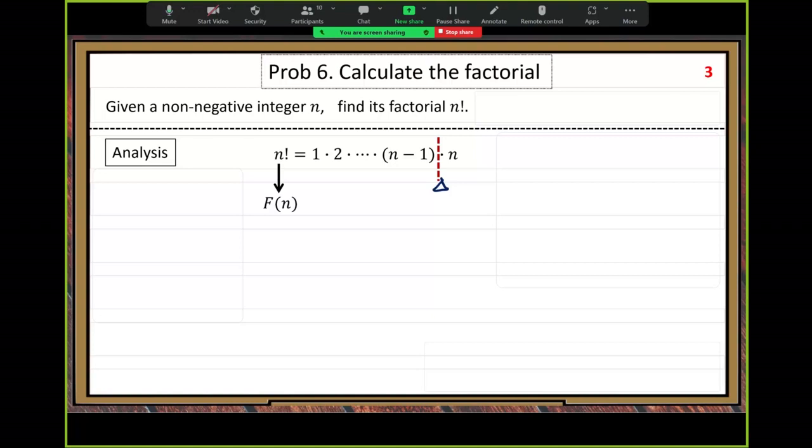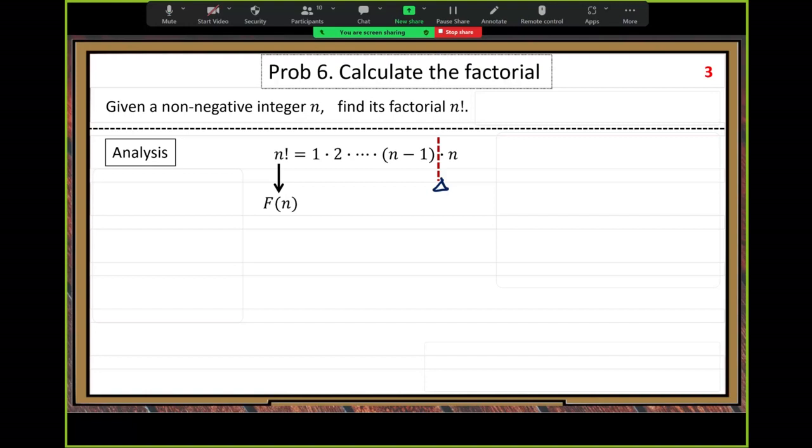The smaller part is just one element. That is one of the ways to divide our data. Just one element reduction. You can call it size 1 reduction.